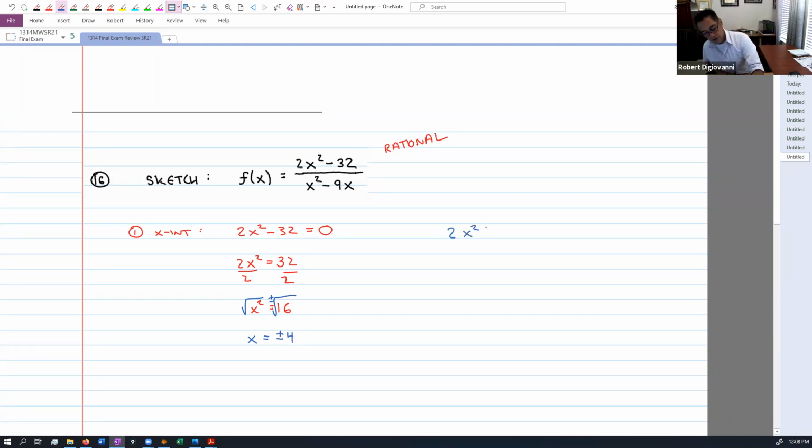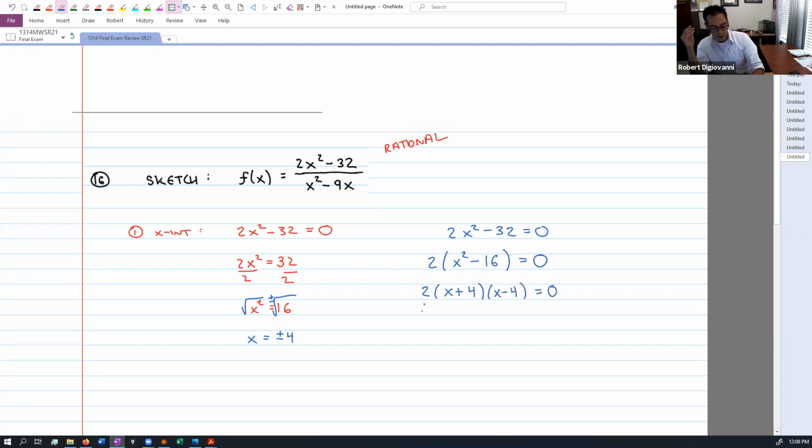Another way you could have done this is to factor the GCF out. So factor 2 out. Oh, sorry, I wrote the problem down wrong, 32 here. When you factor out a 2, you get 16, x squared minus 16. Now you can look at this as a difference of squares, x plus 4, x minus 4.